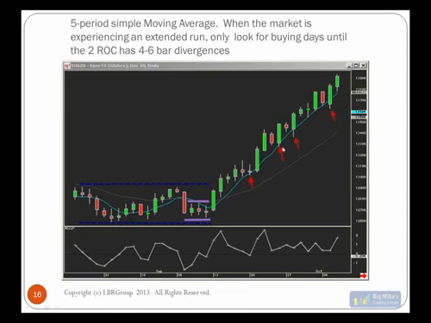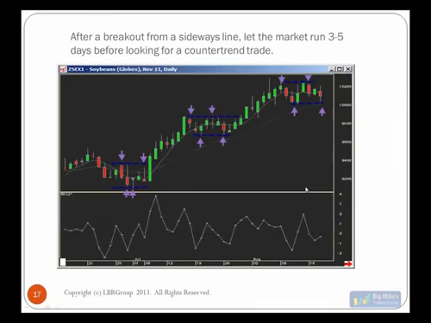And that's why you guys have to realize you have such an edge as a human that you can quantify the environments more readily and easily than a computer. Of course, a computer would know how many closes we've had on one side of 5 SMA, but when it comes to actually trading this stuff and putting all the rules together, I do think that humans have a significant edge. And then lastly, once again, once you start to form these little balance areas here.